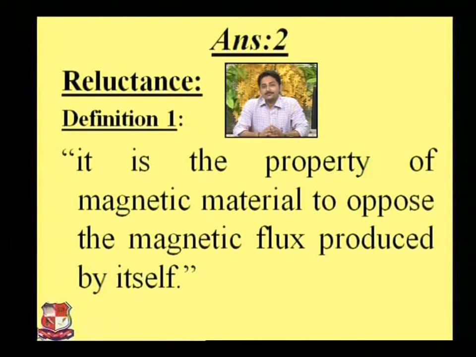So the property of that particular material to oppose its own magnetic flux is known as reluctance. The amount of opposition to the magnetic field is directly related to the reluctance.